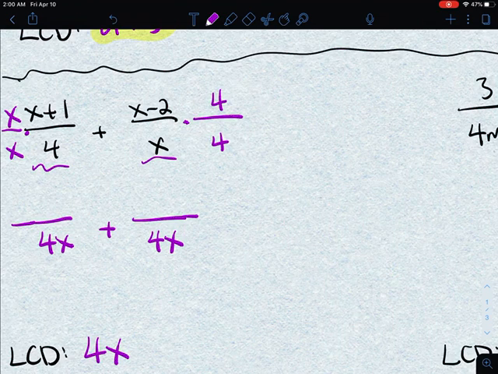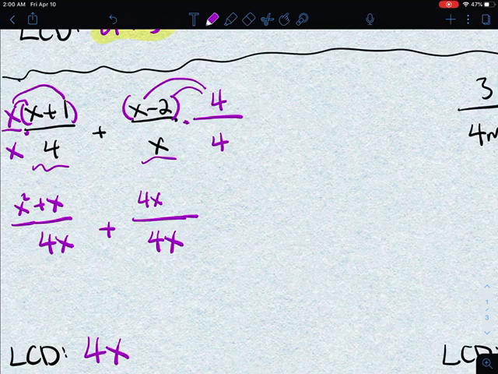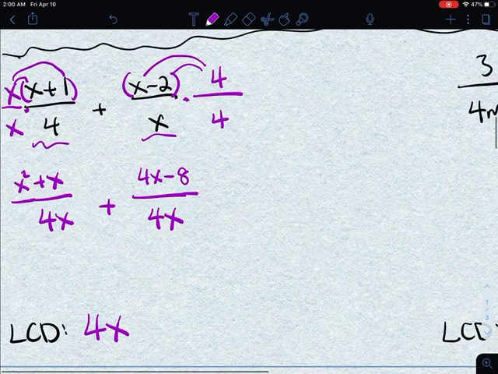Okay, now that we have that, let's go ahead and keep going. Over here we're multiplying by x, and when you're multiplying, make sure you distribute. It might be helpful to put parentheses up here so that we really know that we're distributing. So that's x squared plus x. Same thing over here, distribute: 4x minus 8.